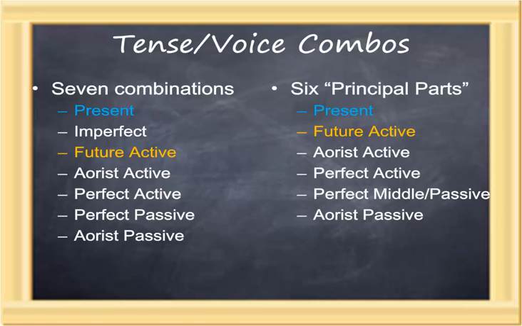Of those combinations, there are 6 basic principal parts for the Greek verb that are used to make these combinations: the present, the future active, the aorist active, the perfect middle passive, most likely really the perfect middle, and then the aorist passive. As we go along in the course, we'll explicate these further. But right now, you have some acquaintance with the present and future active principal parts.